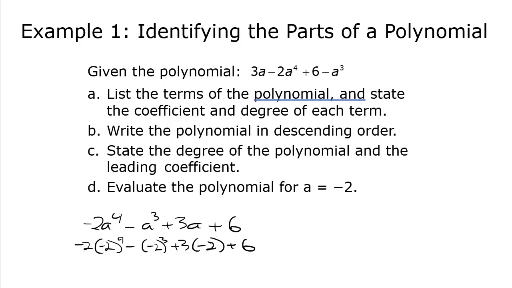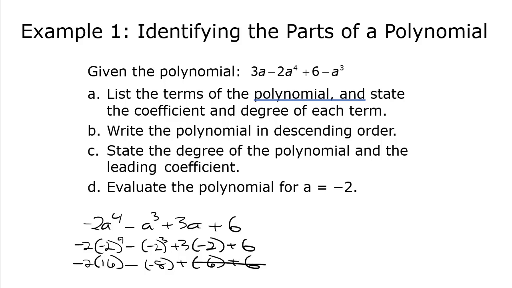So (-2) to the fourth is -2 times -2 times -2 times -2, which gives us positive 16. So this is -2 times 16 minus, here we get (-2) cubed, which is -8, right? So this stays negative, so minus a -8 plus 3 times -2, that's a -6, and then plus 6. Well, I'm going to go ahead and cancel those, right? Because a -6 plus 6 goes away.